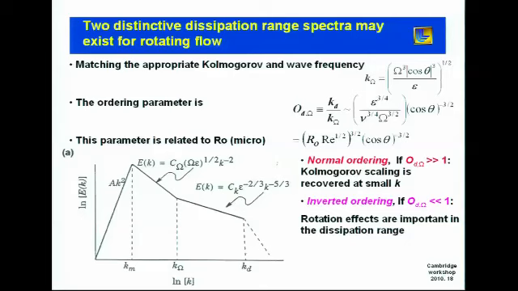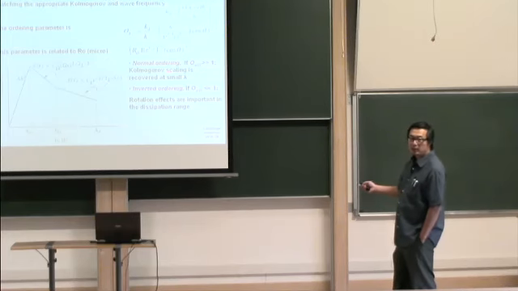So basically, it's a ratio between the two, how strong the interplay is between these two time scales of the problem. And if the rotation rate is really strong, this kind of effect might extend all the way into the dissipation range. So you can write down the different orderings of the problem. If you have the normal ordering, this is the case.